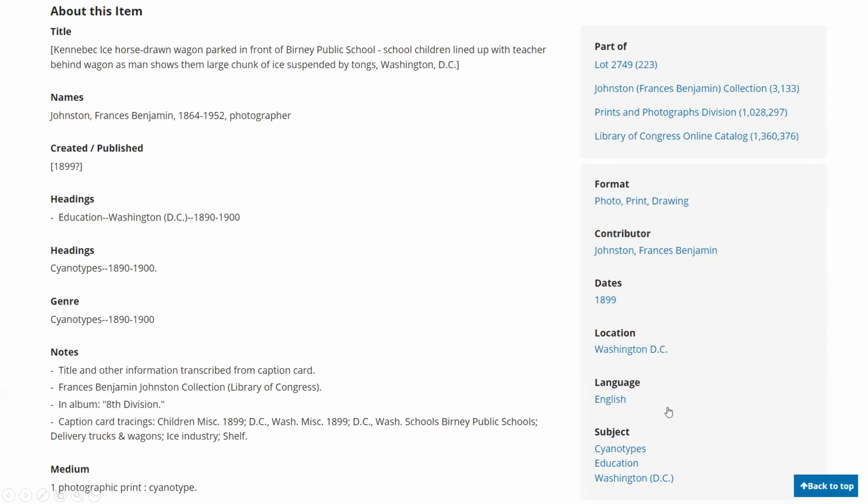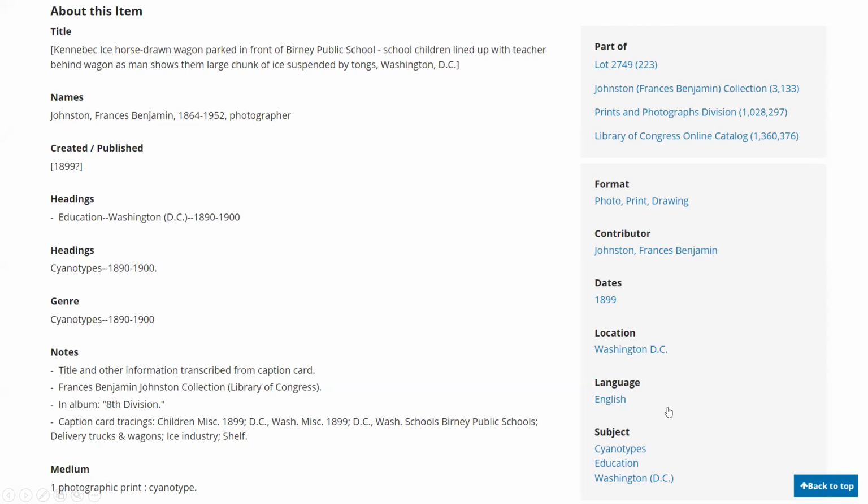When the title has the square brackets, at the beginning and end of this title, there's a square bracket. That means that the person who wrote the record also devised the title. So it's a very descriptive title. It may or may not reflect the photographer's intent. It may or may not reflect what the photographer understood about what was going on with this.